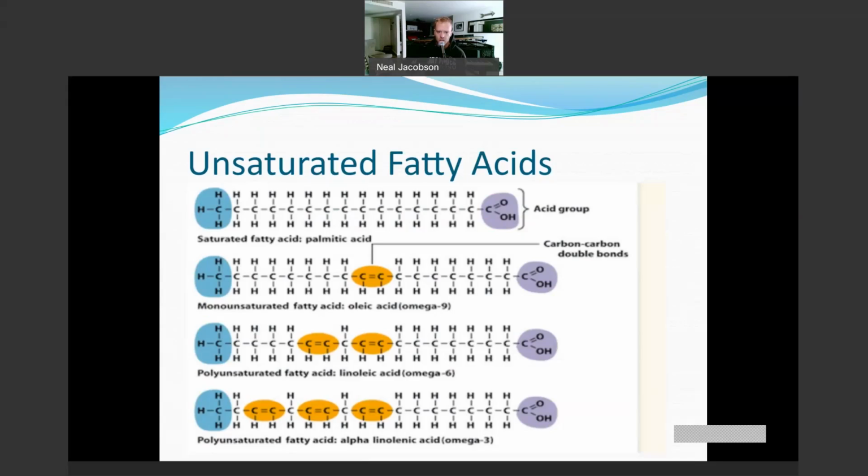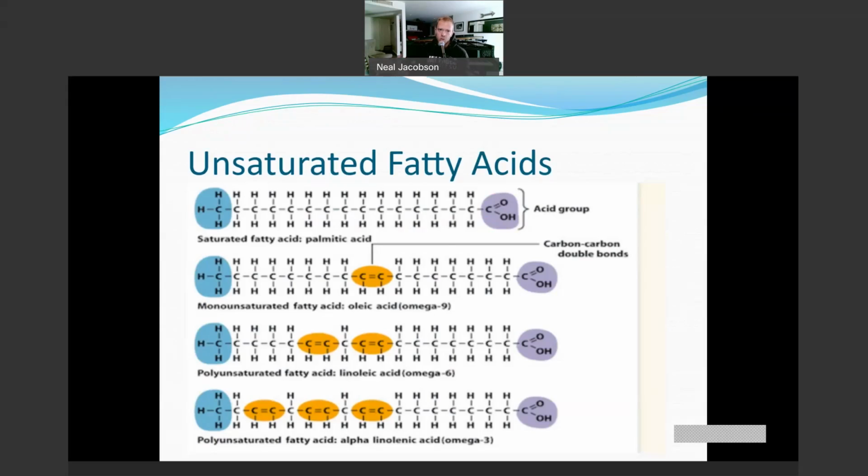An omega-6 would have a double bond 6 carbons from the tail, and that would be the only double bond, so it'd be a monounsaturated fat. Then you have the double bond 3 carbons in, and that's another monounsaturated fat. But the ratio of those fats in our diet was that for every 4 omega-6s, we were getting 1 omega-3 fatty acid. That was the proportion that we wanted in our diet. That's what our bodies were adapted to.